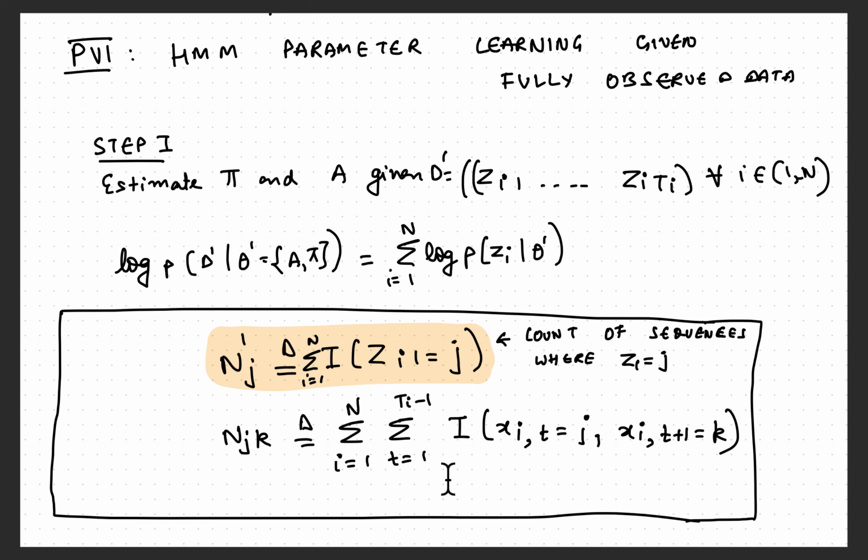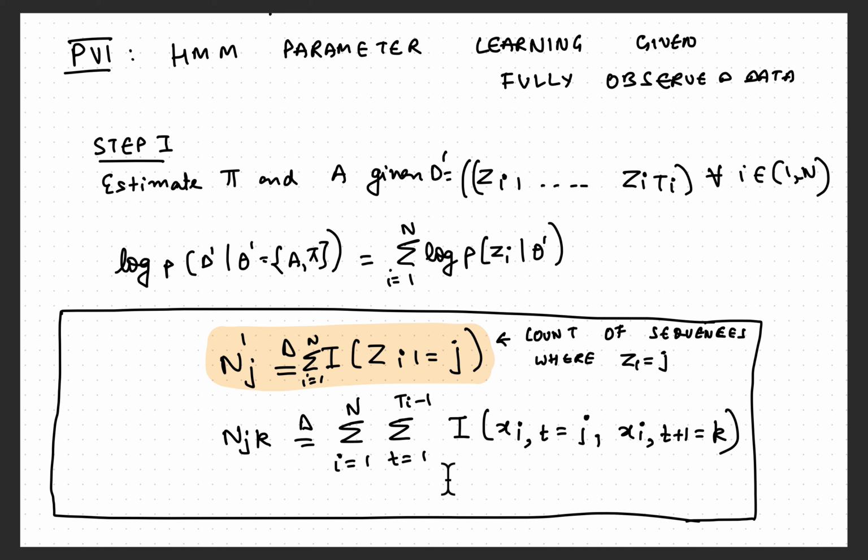Notice that for the ith sequence, you can have capital T_i timestamps. They may or may not be equal across different sequences. And here I've written the identity over x_i,t equal to j and x_i,t+1 equal to k. So could you think what this summation would give us?